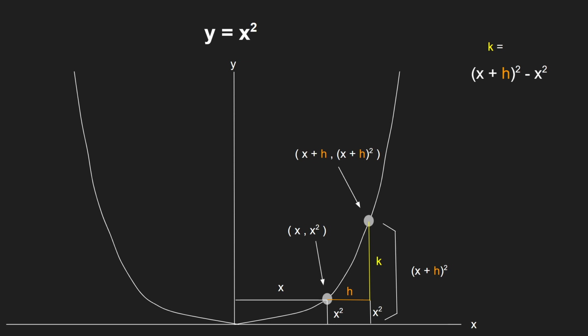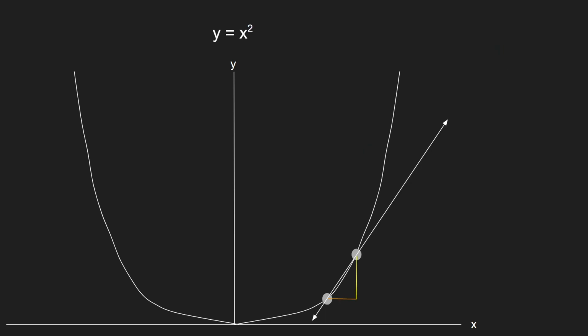Another way to make the points get closer is just to decrease the value of h, since making the difference between their x-coordinates smaller will also affect their y-coordinates, and therefore the value of k. Now, sticking this left point in place, and decreasing the value of h, and therefore k, the line that the points make will get closer and closer to just the line of a single point.